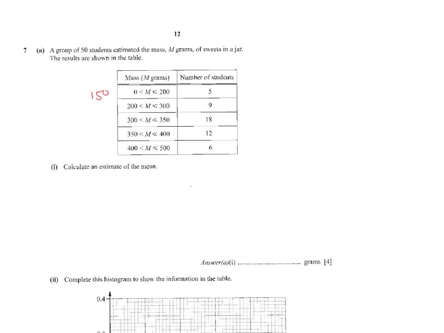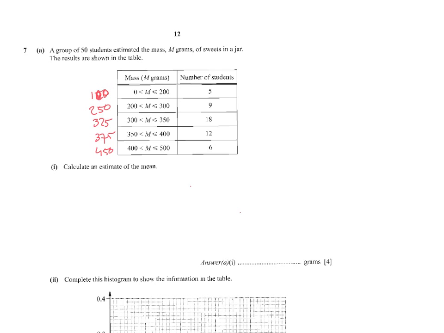The mid value here is going to be 100, sorry guys. Between 200 and 300 is going to be 250, then 325, 375, and there the mid value is 450. If you don't know how to do that, just add the two values and divide by 2, so you sit in the middle.